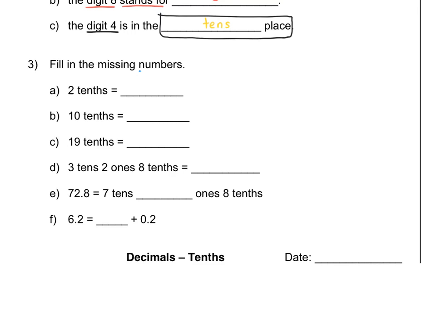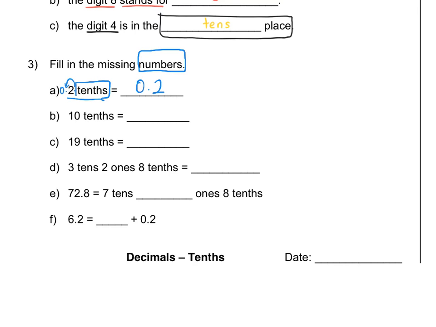Fill in the missing numbers. They want you to fill in the blanks with numbers. Do take note, do not express your answers as fractions. It should be numbers. How do you write 2/10 as a number? Same thing, because we see the tenths place value, we shift the decimal point from behind one decimal place forward, and we get an answer of 0.2.